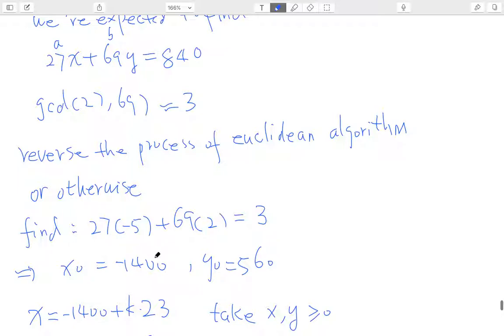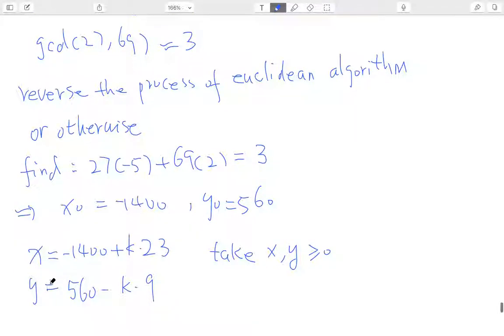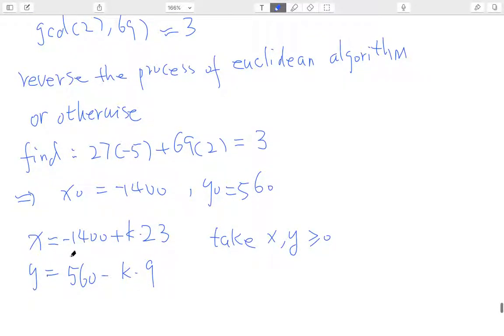And then you just multiply by a factor on both sides of the equation. In this case, the scale factor is 280. And then you find the initial solution. And then apply the theorem we have just proved.